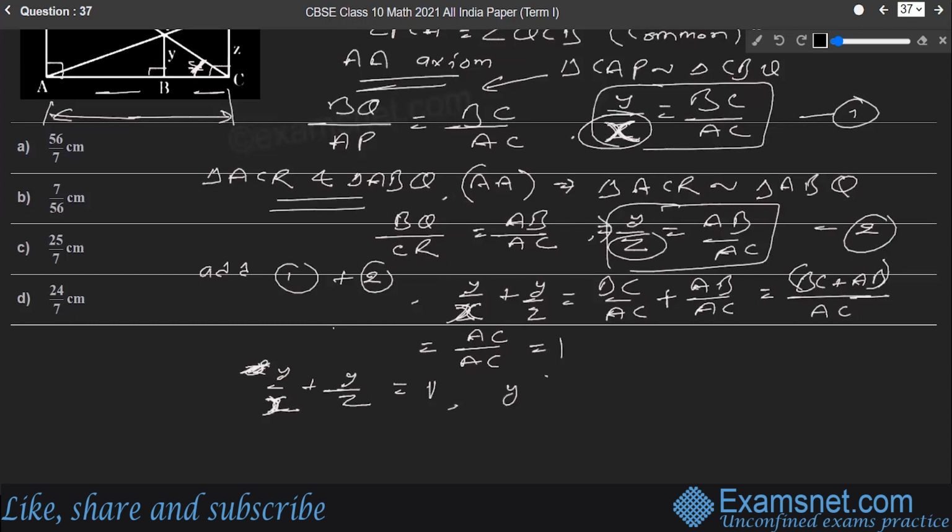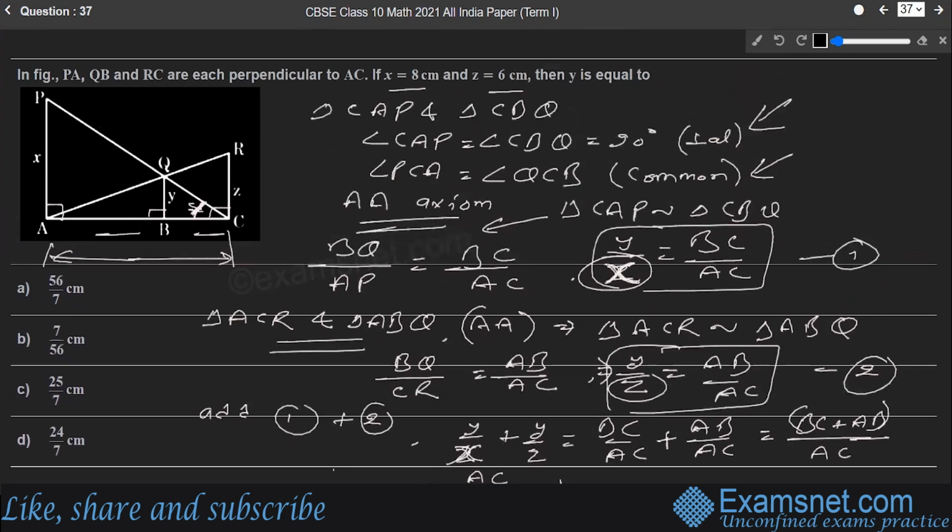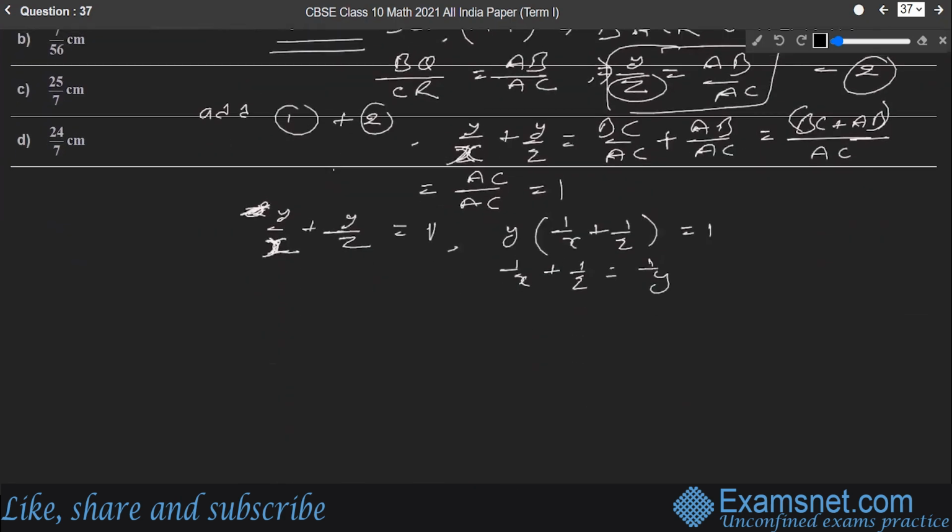So we can take y common. We remain with 1 upon x plus 1 upon z is equal to 1 upon y. We know the value of x and z both. X is given as 8 in the question and z is equal to 6, so we can put the values. So it is 1 over 6 plus 1 over 8 is equal to 1 over y.